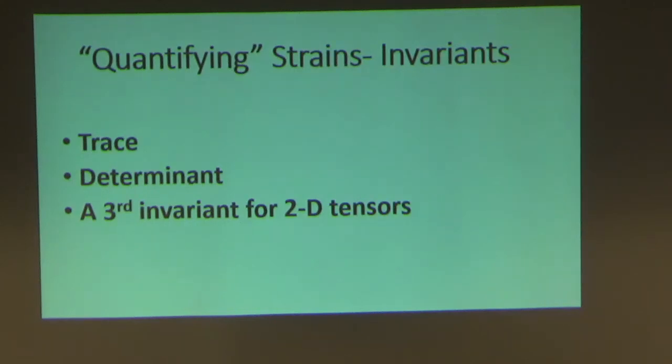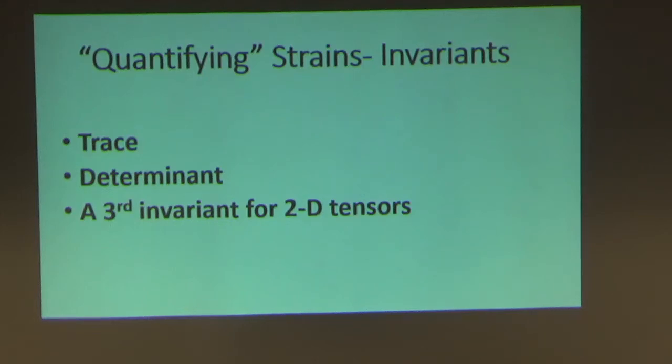And another problem that we had with the tensors was how do you take a complex object like that and, quote unquote, quantify it, right? My background comes from physics, so what I thought we would do is to use invariants of a tensor, because for those of you who do these things in mathematics, you know the tensor has certain invariants, and one of them is a trace, and one of them is the determinant, and then there's a third one with some mixed components.